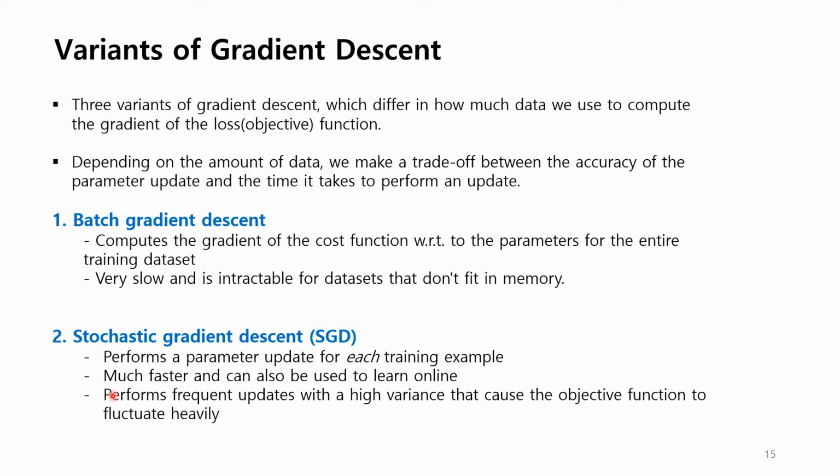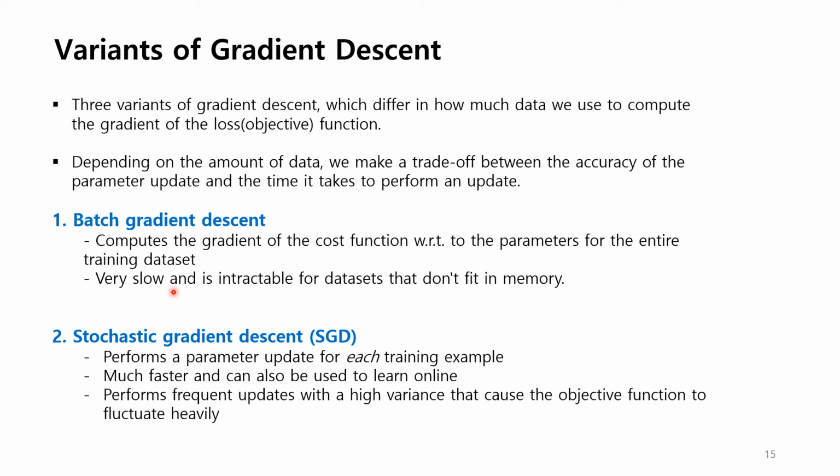But the problem is, if you compare these two, the gradient in batch gradient descent is actually very stable. Its value has very low variance. It doesn't fluctuate.